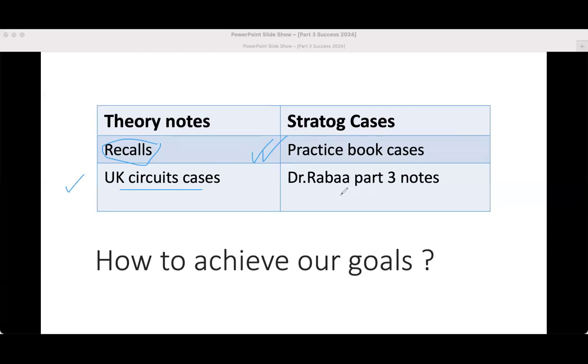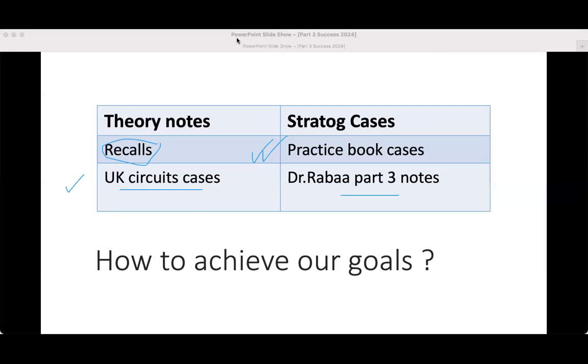We have notes, of course, for the Part 3. However, the notes are not the main source of study, as I told you, because we teach you in the Part 3 how to present yourself, how to prepare yourself, how to deal with tricky situations in the exam, and how to discuss with the examiners.